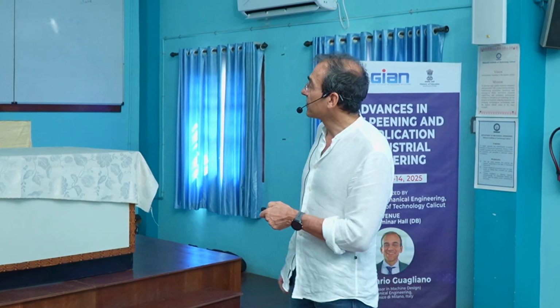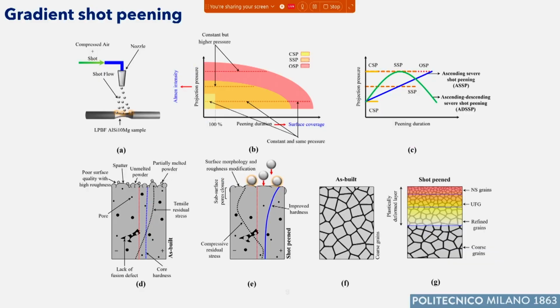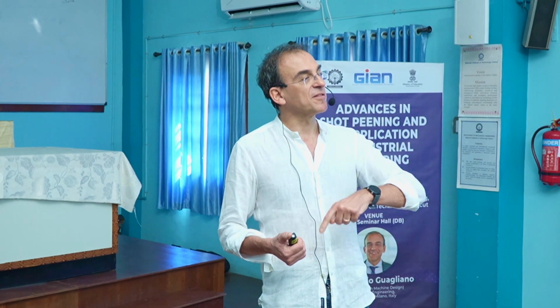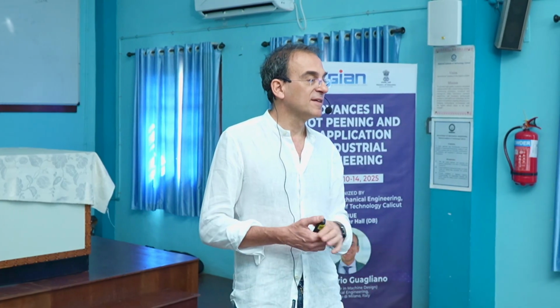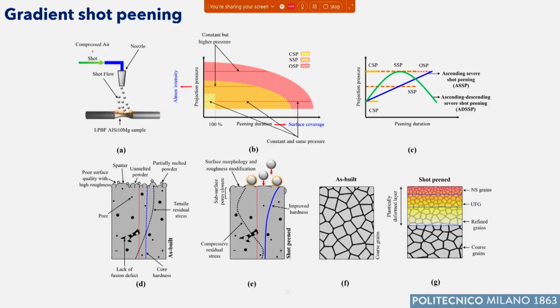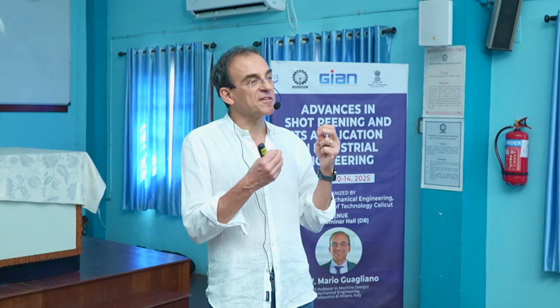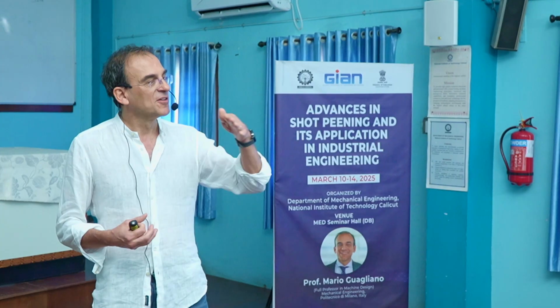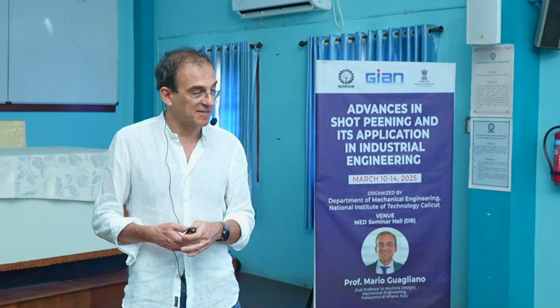In this presentation, I call ascending severe shot peening, ASSP, the treatment where the pressure is continuously increasing from the minimum to the maximum value, and AD-SSP, ascending descending shot peening, the treatment where the pressure goes up and then down at the end of the treatment. The idea is to compare which treatment, ascending shot peening or ascending descending shot peening, gives the best surface result, and finally the best fatigue result.